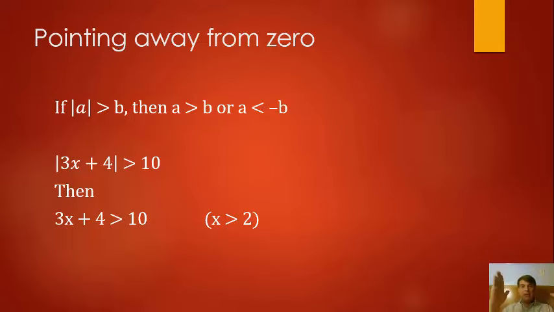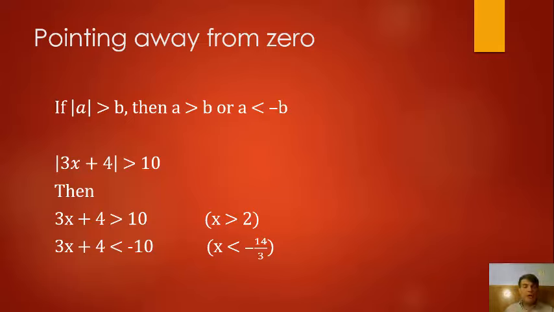Then the absolute value is going to fry it and make it positive. And so that basically is going to end up being 3x plus 4 is less than negative 10. I've already done the magic I did in the previous slide, multiplying everything by negative 1 and flipping the sign. And when I solve for this one, I end up with x is less than negative 14 thirds, which is something like, let's see, 4 and 2/3, is that right?